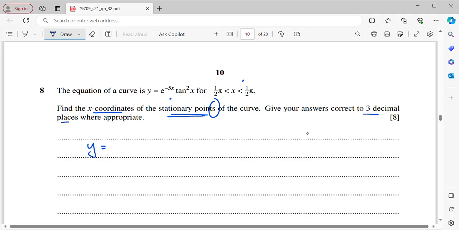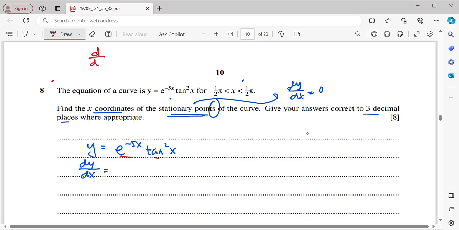So now, for stationary points, we need to differentiate, okay, dy dx, and let it be 0. So the y is e to the negative 5x, tangent square x. So now for dy dx, since there are two terms here, a multiplication of two terms, we need to apply the product rule.